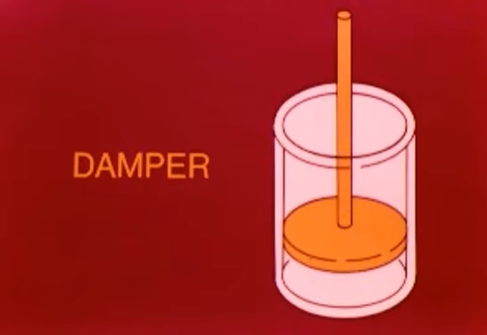The third and final element in the system is a damper, here represented by a piston-type shock absorber. In the exchange of energy between the spring and the mass, the damper absorbs part of the stored potential, causing the motion of the system to eventually come to rest.